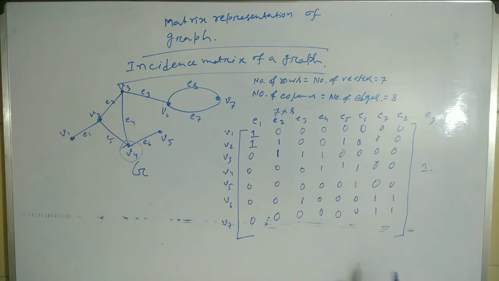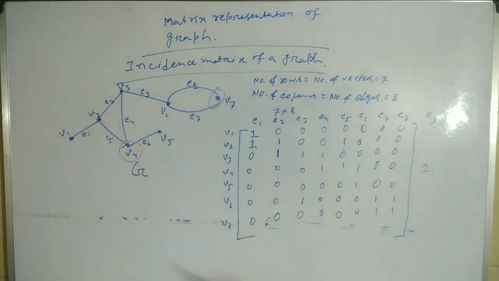Now I am taking another example. Suppose V7. There are only 2 ones in V7, so the degree of V7 is 2.